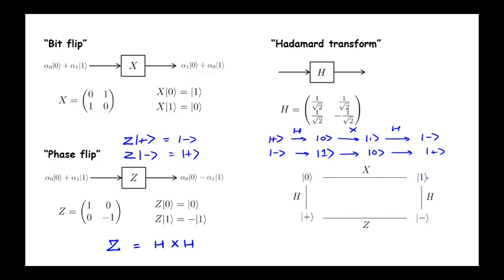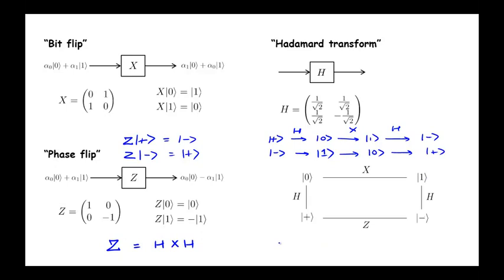Okay, what does this correspond to in terms of linear algebra? Well, what we're really saying is that the transformation Z is the same transformation as X if you do the transformation in the Hadamard basis. So this is really a basis change.